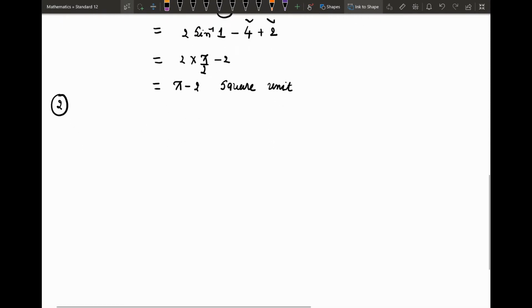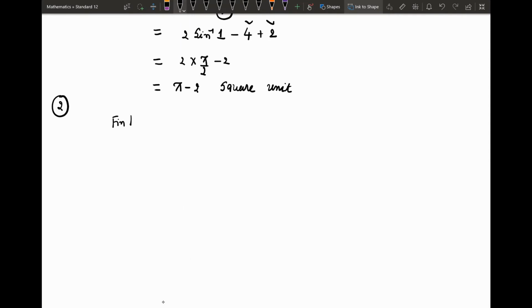Now the second question: find the area lying between the curve y square equal to 4x and y equal to 2x.